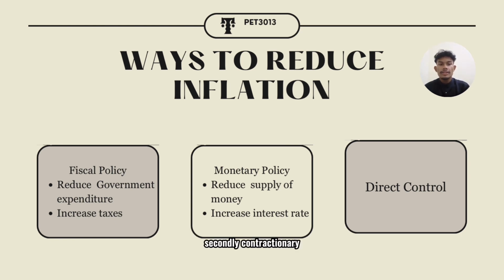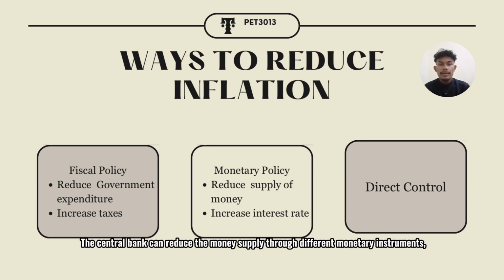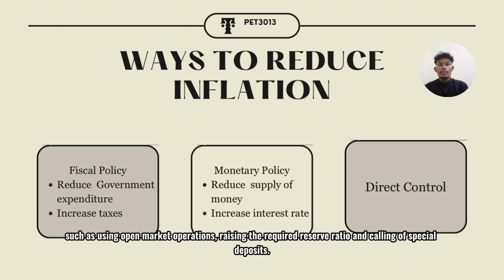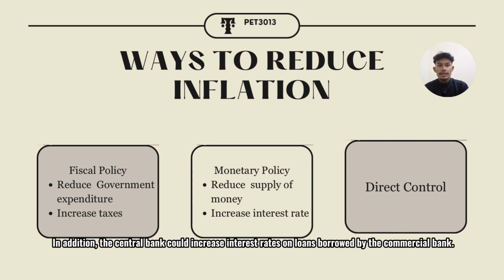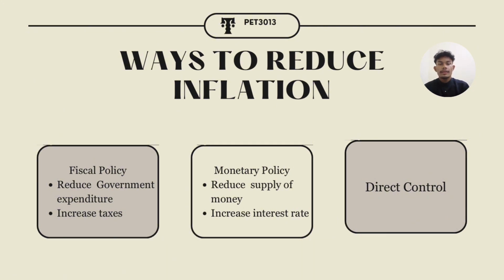Secondly, contractionary monetary policy. The central bank can reduce the money supply through different monetary instruments such as using open market operation, raising the required reserve ratio, and calling off special deposits. In addition, the central bank could increase interest rates on loans borrowed by commercial banks.